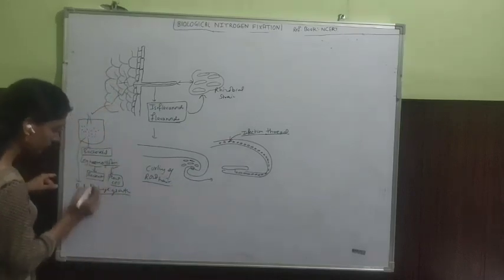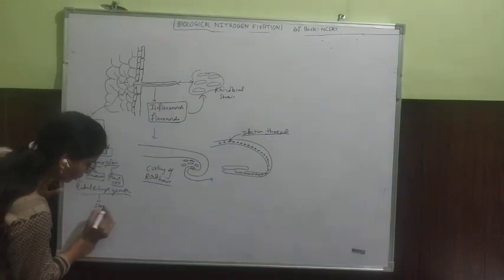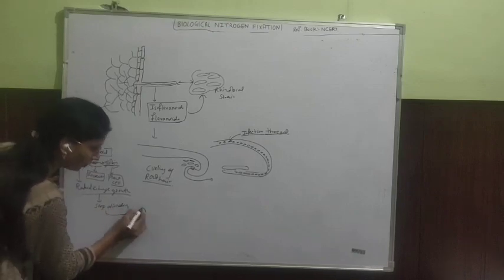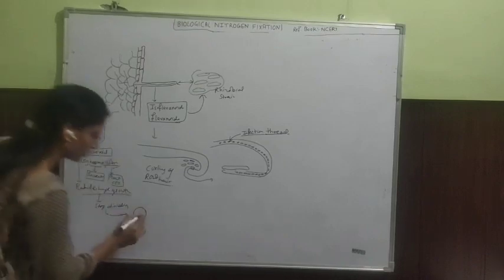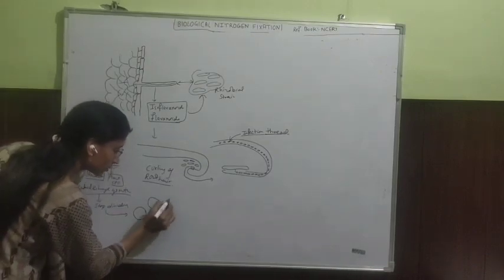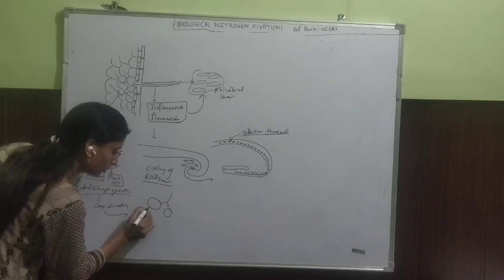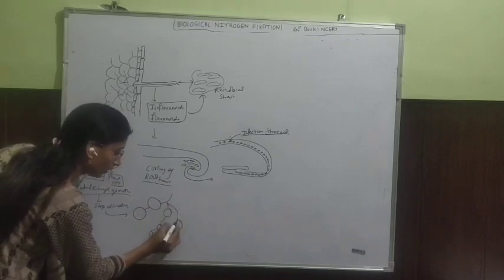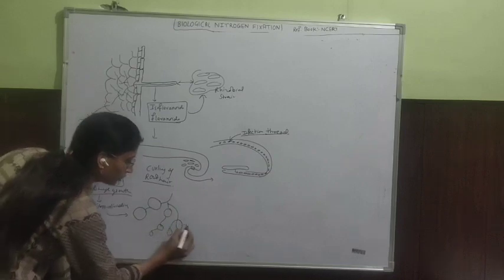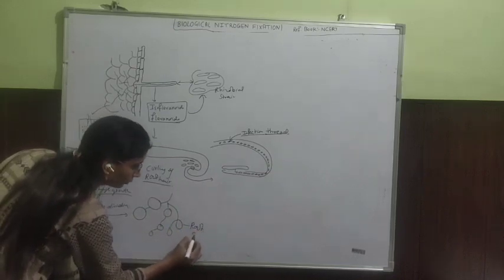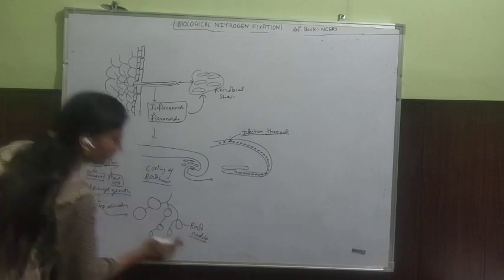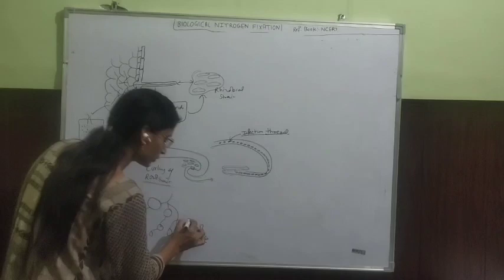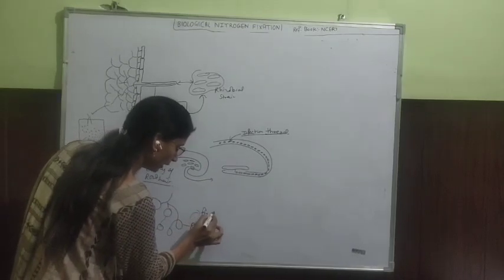When they stop dividing, they form a spherical structure like this on the root of the plant. These are called root nodules. Here the rhizobial strains are living, and this root nodule helps in fixation of nitrogen.